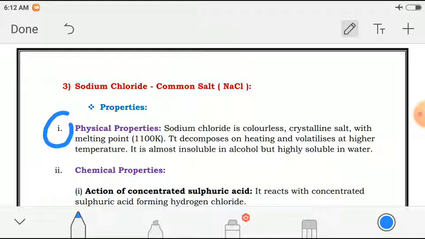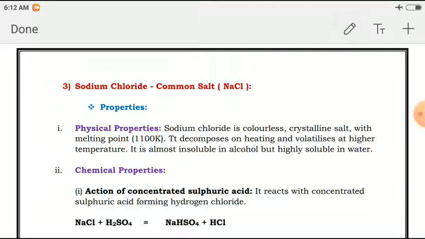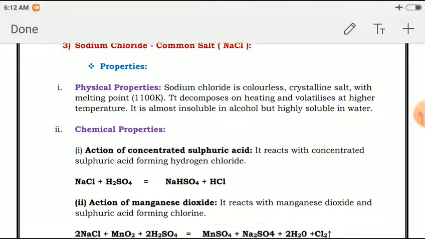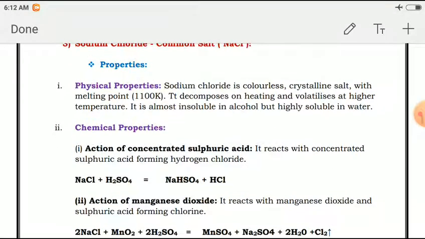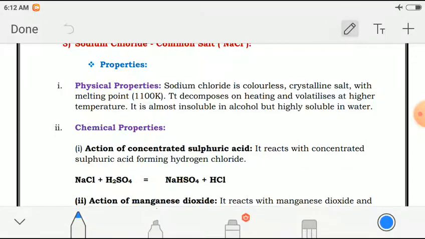Now second, chemical property. In that, first we will see the action of concentrated sulfuric acid. That means when we treat sodium chloride with sulfuric acid, that is H2SO4. See the reaction. In this reaction, sodium chloride reacts with H2SO4.